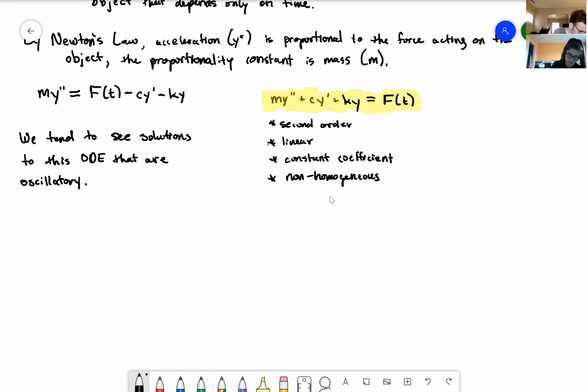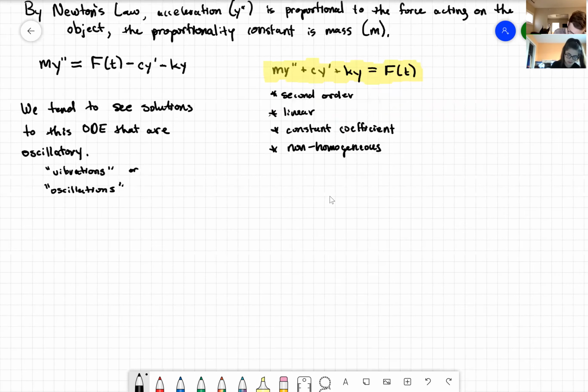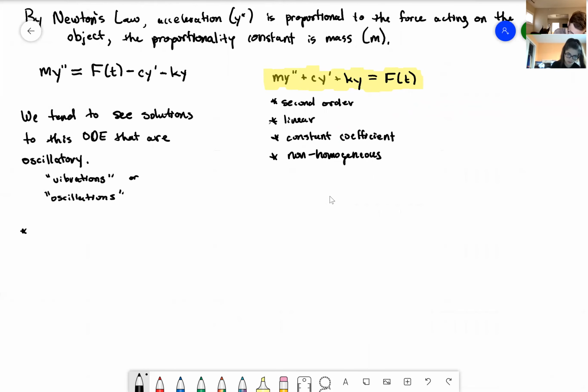Because of this, the solutions are often referred to as vibrations or oscillation. So these are usually the way we refer to the solutions. In a couple of cases, if the driving force is 0, we'll refer to the solutions as free vibrations.